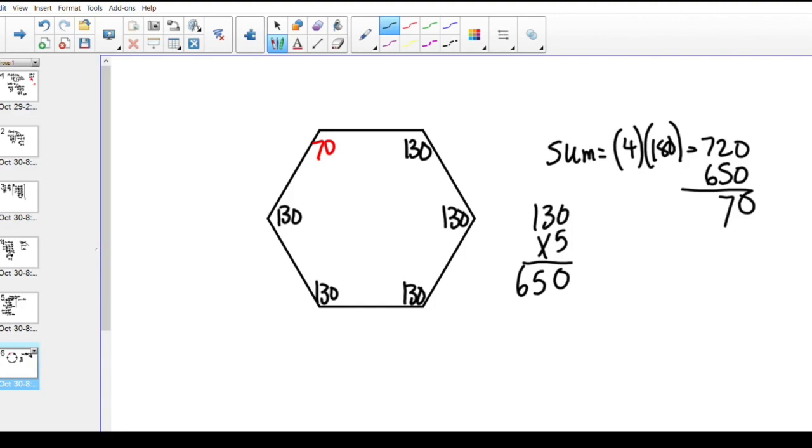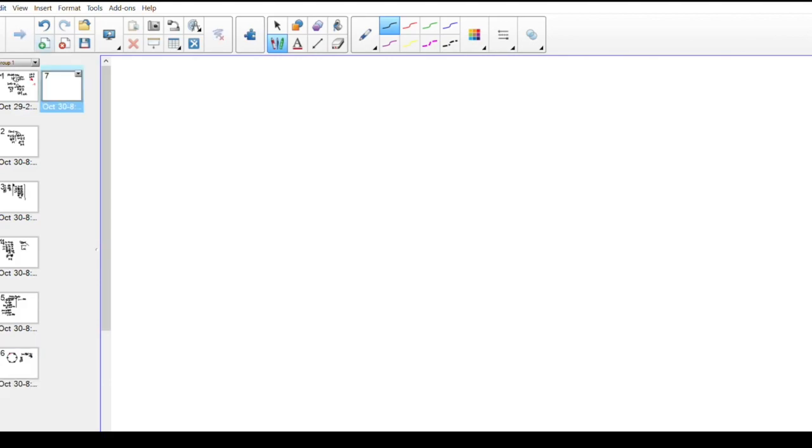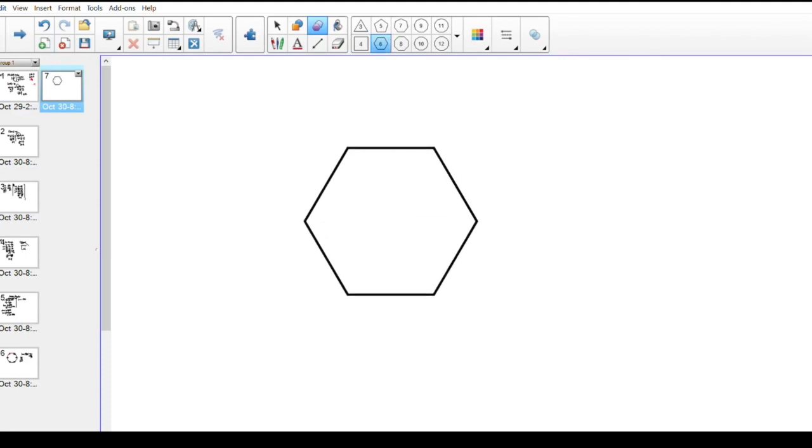Number 6. Now people, I'd like for you to see something here, and I'd like you to think a minute about something. It says 6 sides, so we know it's a hexagon, right? Okay, so I'm going to draw that just for a minute here. And then it says, what is the measure of one exterior angle?